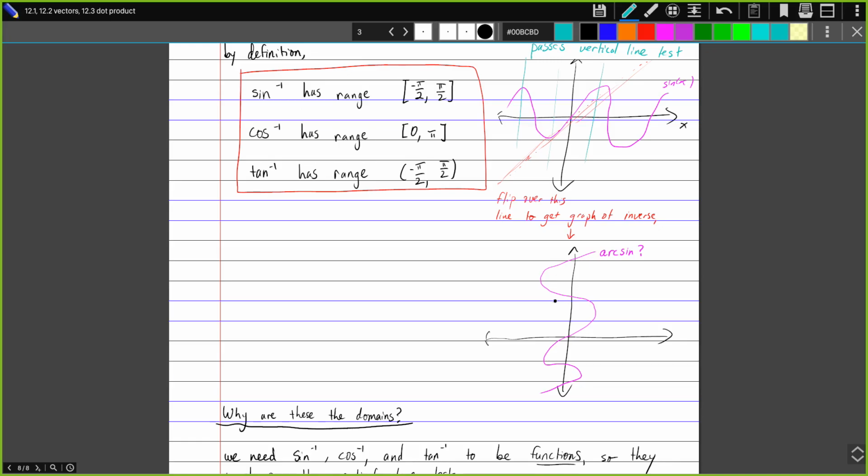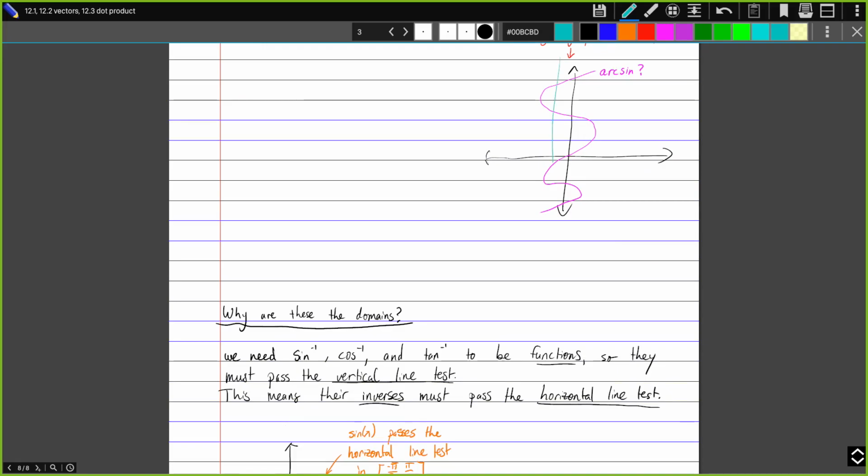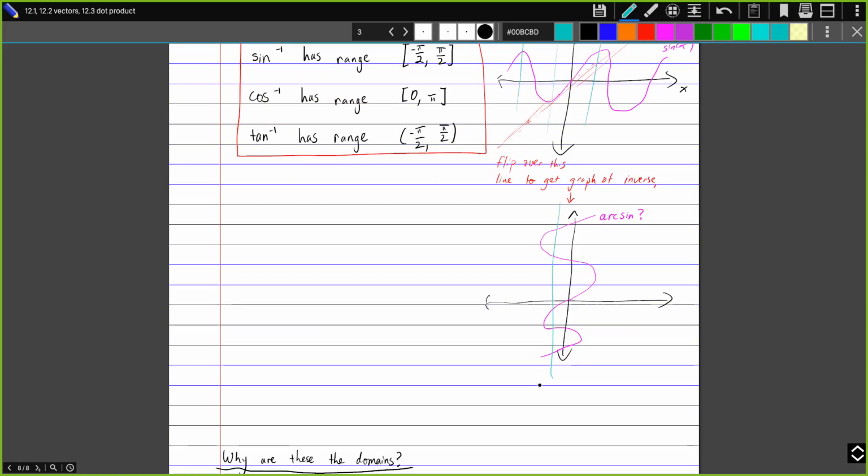Problem is, this doesn't pass the vertical line test. So let me give myself more space. So this does not pass VLT. So it's not a function.